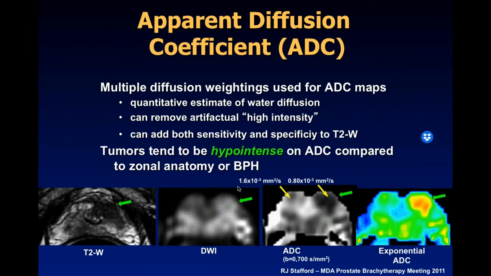If you look at the ADC maps, these ADC maps will show a negative contrast. And this is multiple diffusion weightings with quantitative estimate. And these tumors tend to be hypointense on ADC compared to zonal anatomy or benign prostatic hypertrophy.